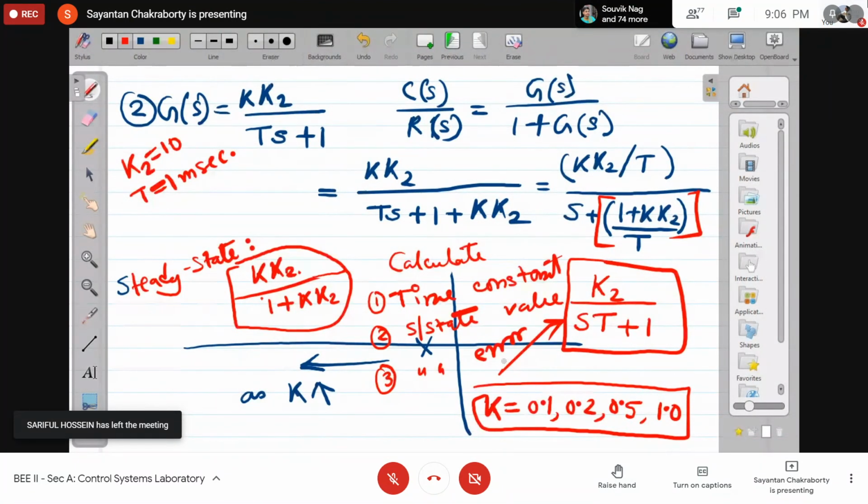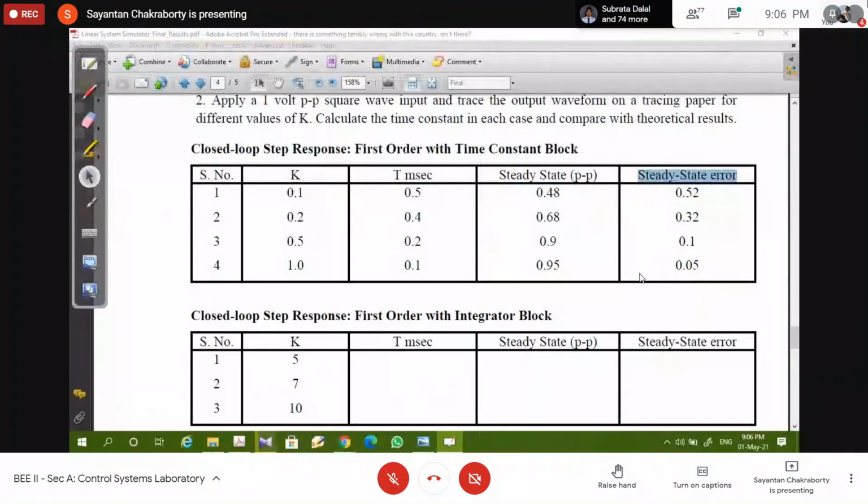Just complete the table based on the values of K2 and T that you derived in the previous step. These are the experimental values. You have to side by side write down your theoretical values. Okay, so this concludes the first order closed loop systems.